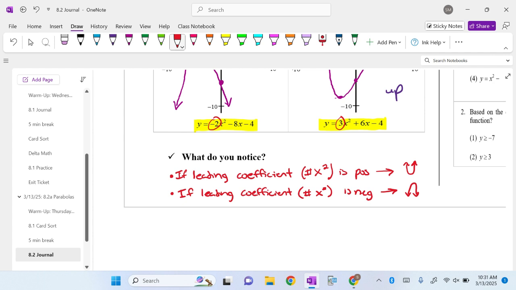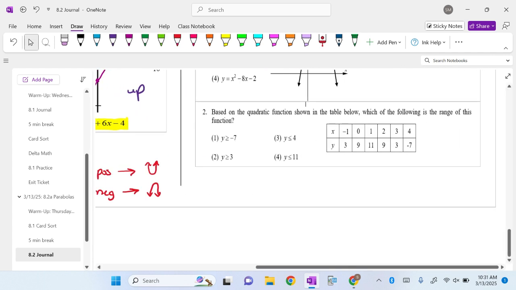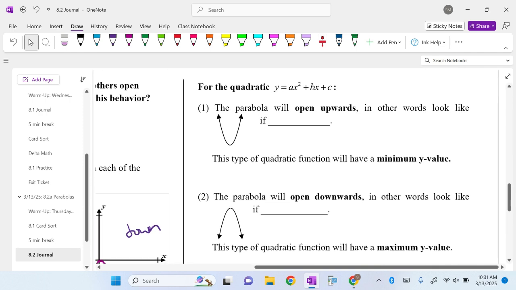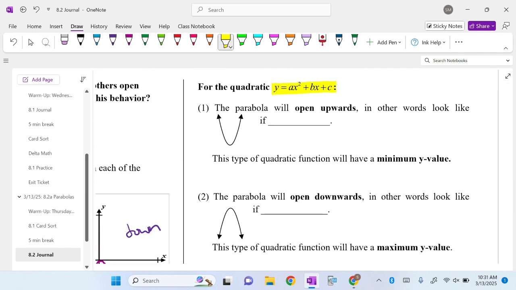All right. So if we look at this, we'll make official statements about that. Given our standard form of a quadratic, so that's y equals ax squared plus bx plus c, our parabola will always open upwards, or in other words, look like this U shape, if your a value is positive.